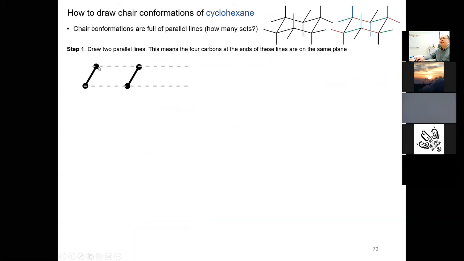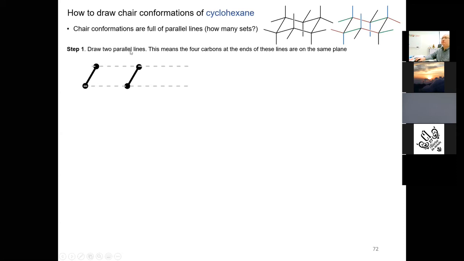Besides this pair of parallel lines, you can find a lot of other lines that are parallel to each other. For example, this red one, this red one, this red one; they are parallel. This blue one, blue one, blue one, parallel. And the black ones. So it's full of parallel lines, and that can actually help you draw it.